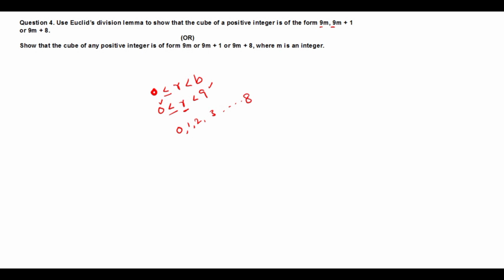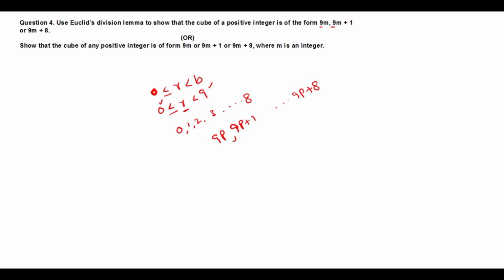These are the possible remainders, giving the forms 9p, 9p plus 1, and so on up to 9p plus 8. Here we need to prove this for the cube of a positive integer.